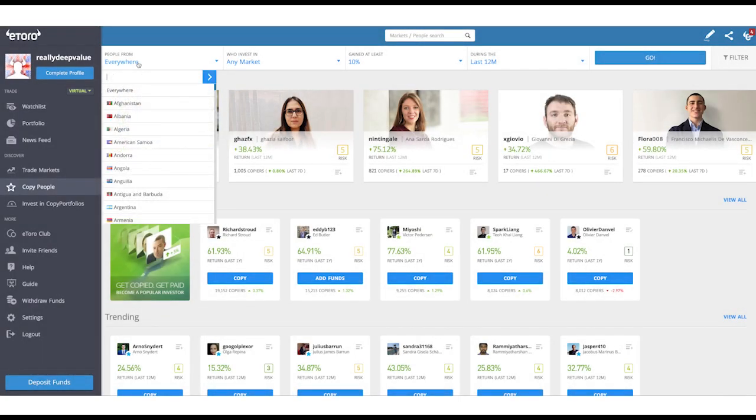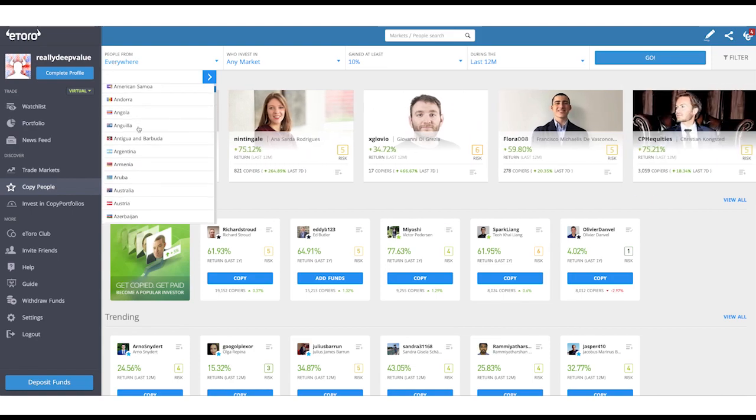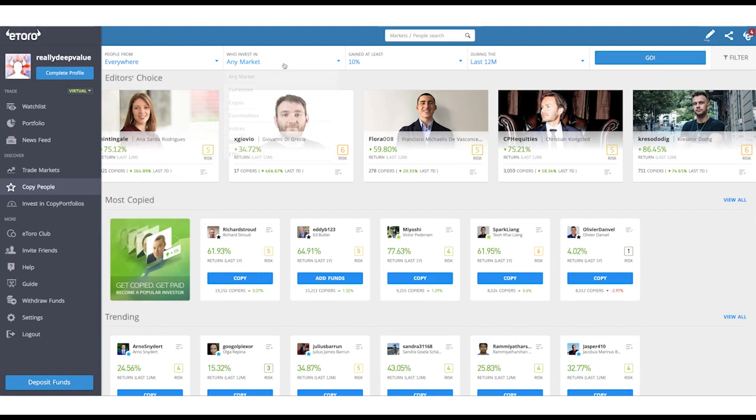And you can look for people from anywhere in the world, virtually, given that eToro has about 140, I think, countries it operates in now. So you can view by country, by market.